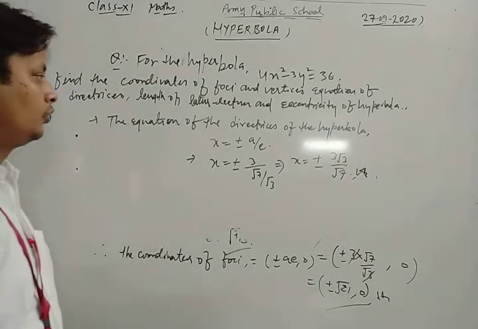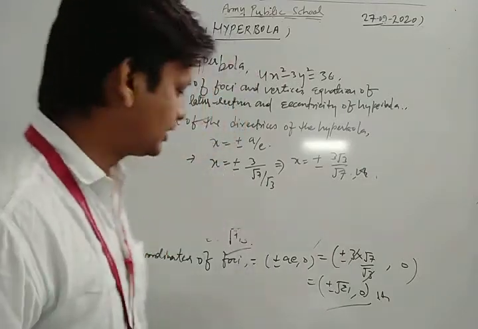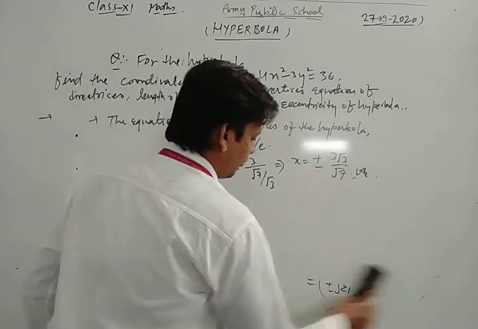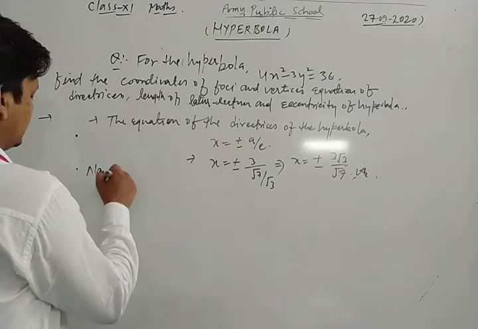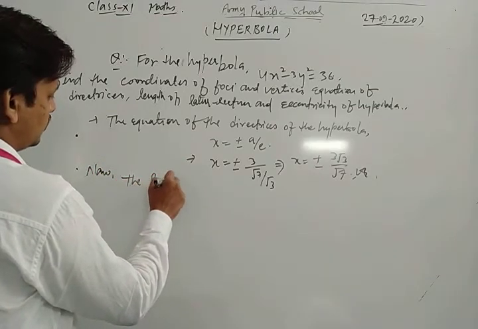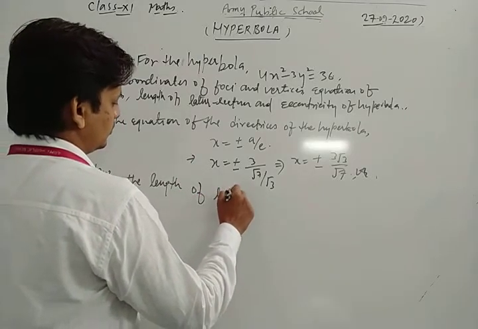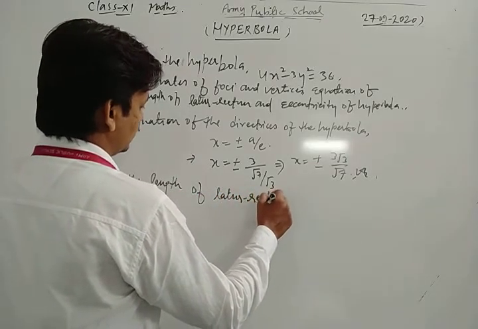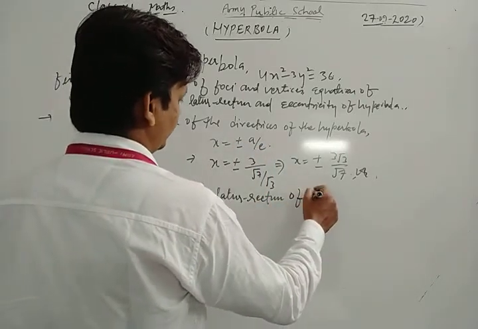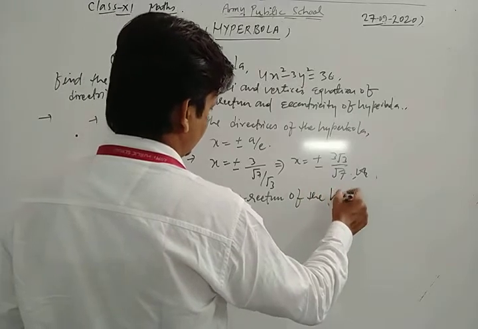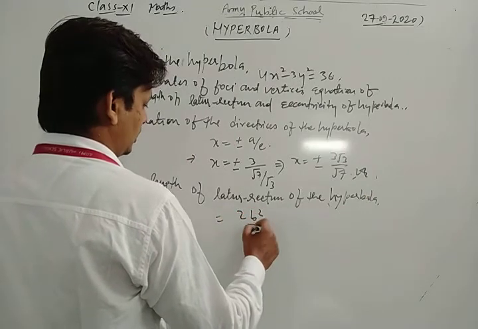Thus, now we find the length of the latus rectum of the given hyperbola. Now look, the last topic is the latus rectum of the hyperbola. The length of the latus rectum of the hyperbola is 2b square upon a.